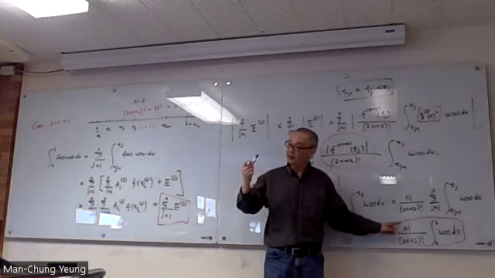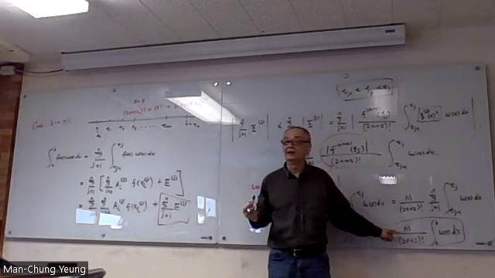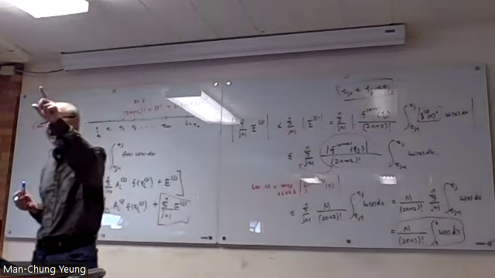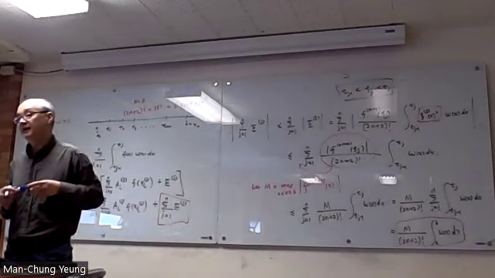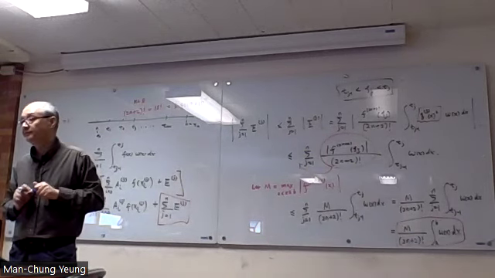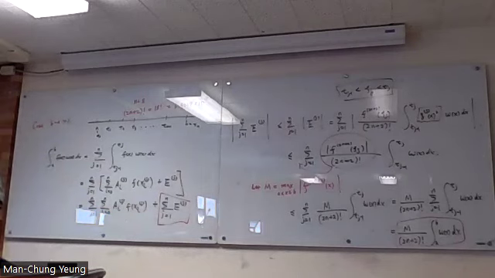Capital M usually is not big, and this integral usually is not big. So this error is actually very small. In practice, n is 8, good enough for Gaussian quadrature. This is Gaussian quadrature. Then we turn to the second topic.